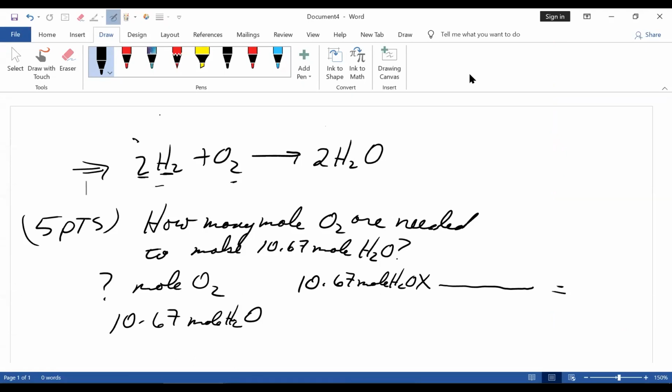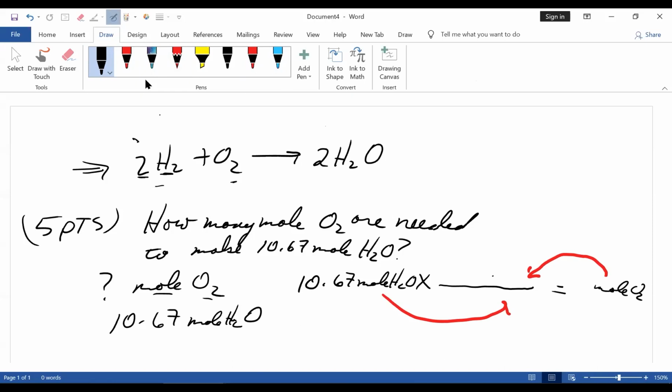What units do I want my answer to be? Moles of oxygen. Whatever we're trying to get to goes on top of the ratio. Whatever we're trying to get rid of goes underneath the ratio.